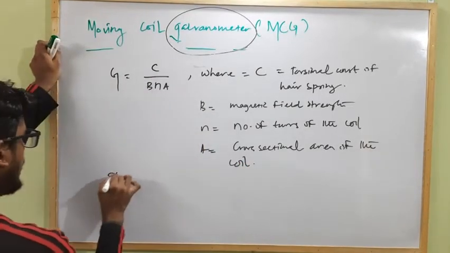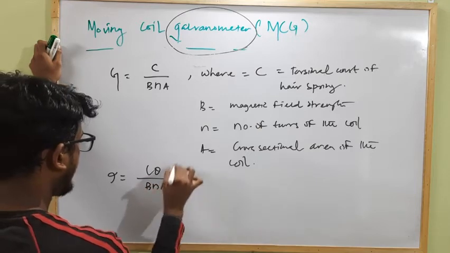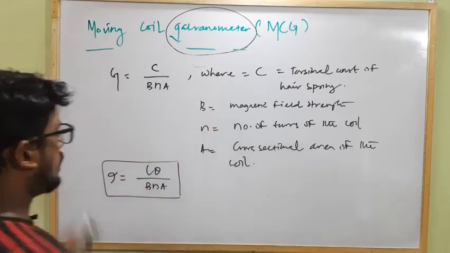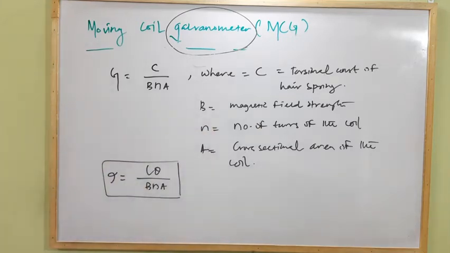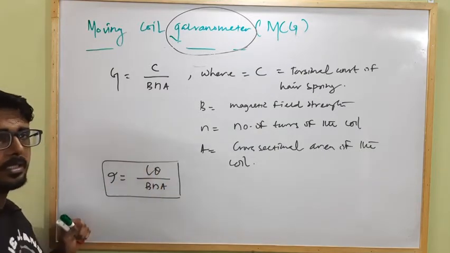So I will be equal to C theta divided by BNA. Clear? This is the value of current flowing through a galvanometer which shows theta amount of deflection.